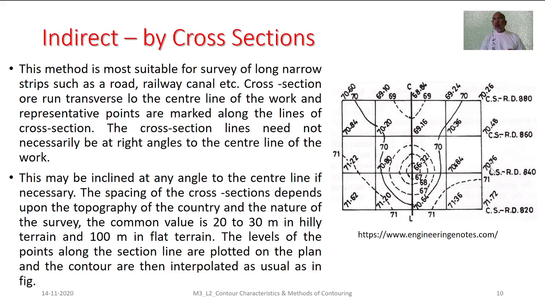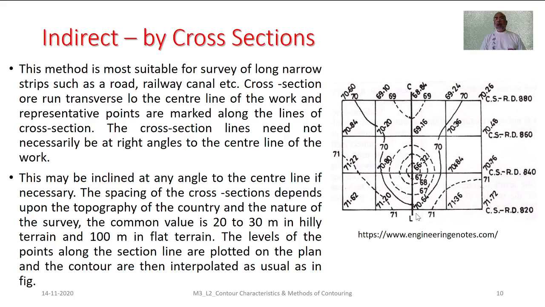Similarly here, for that particular cross section of 840, it will be C0, L10, L20 and accordingly. So here we are taking cross sections placed at 20 meters, perpendicular to the center line of the feature under consideration.